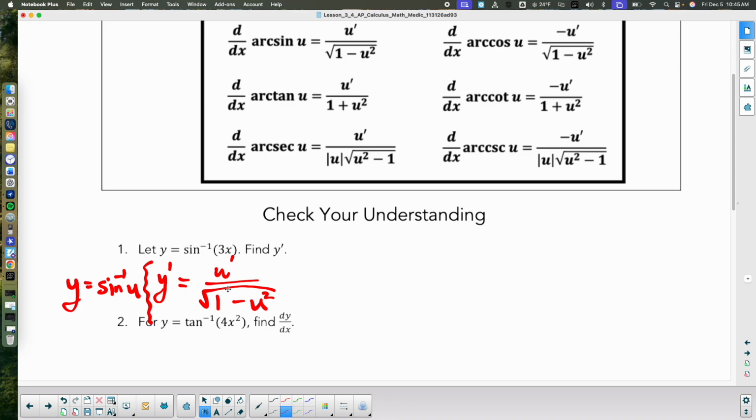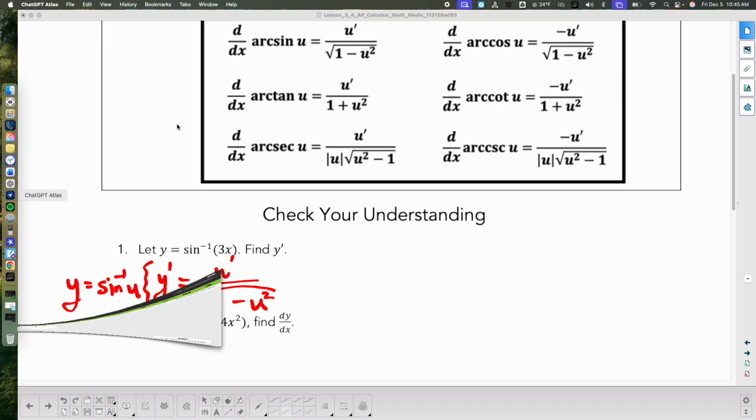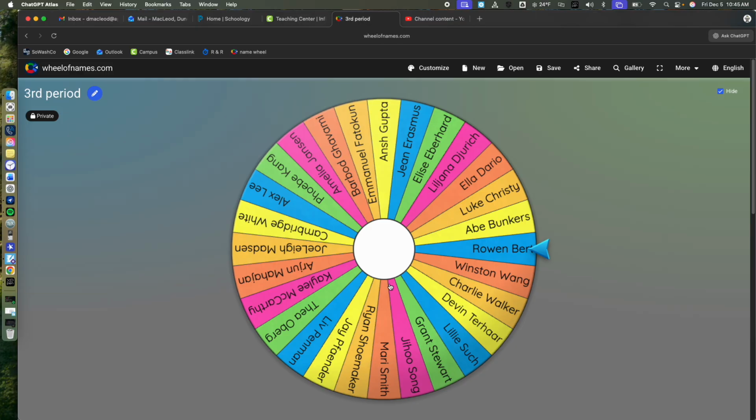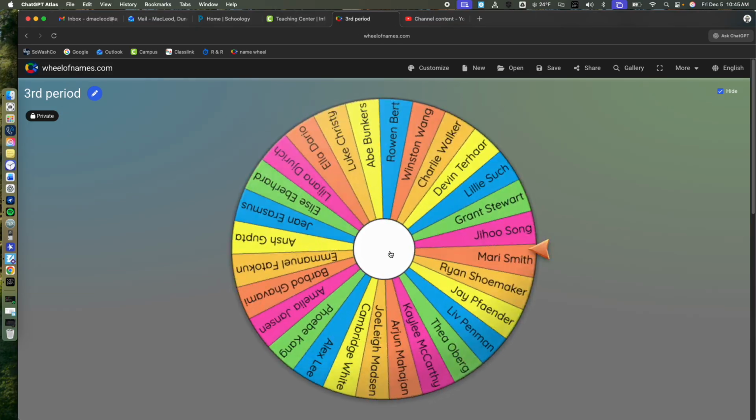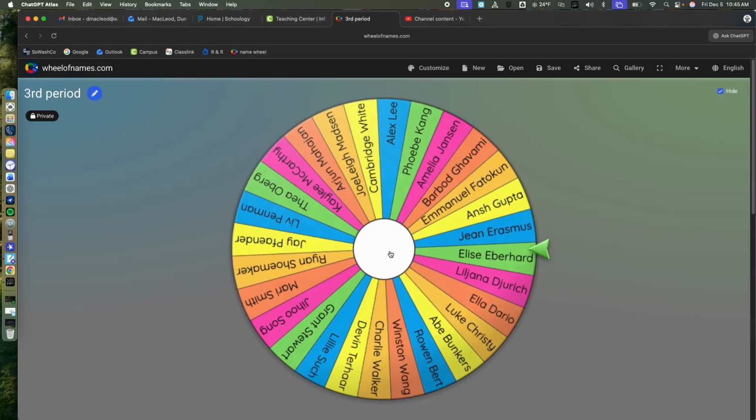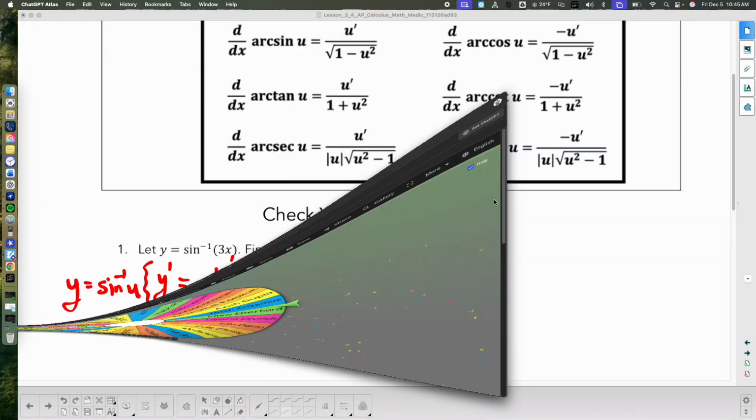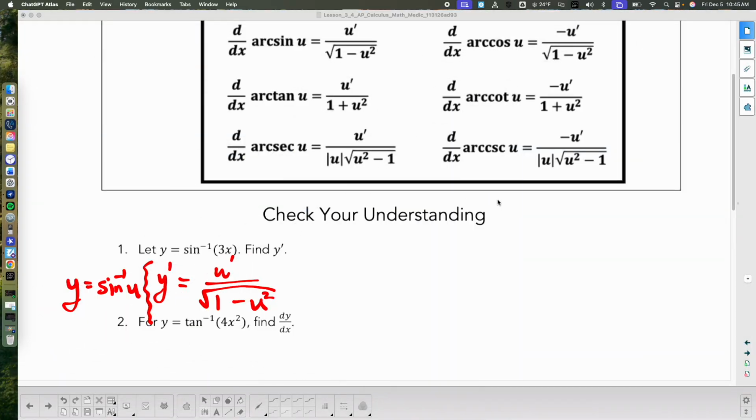Okay, so we essentially just need to figure out what u is to write it in the formula. Elise, what would the u be for question number 1? Isn't it 3x? It is.